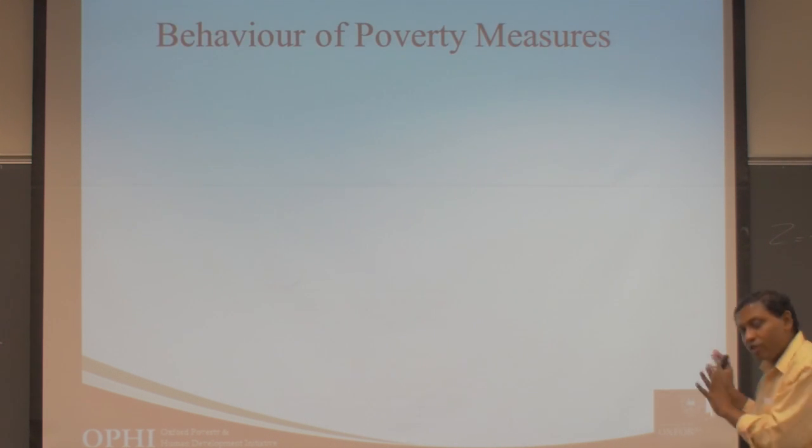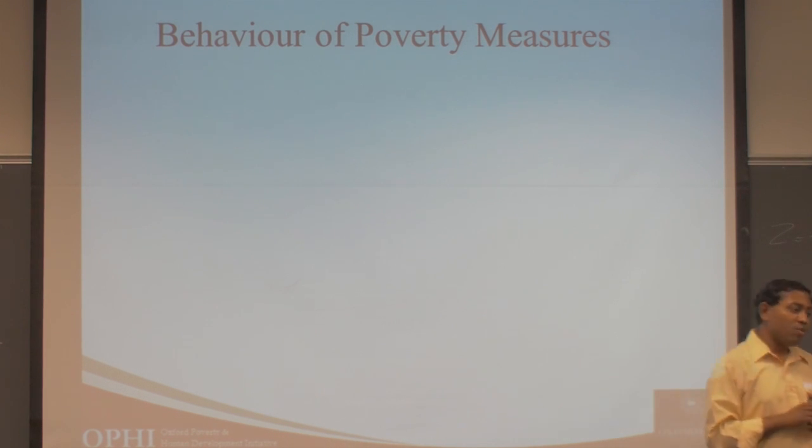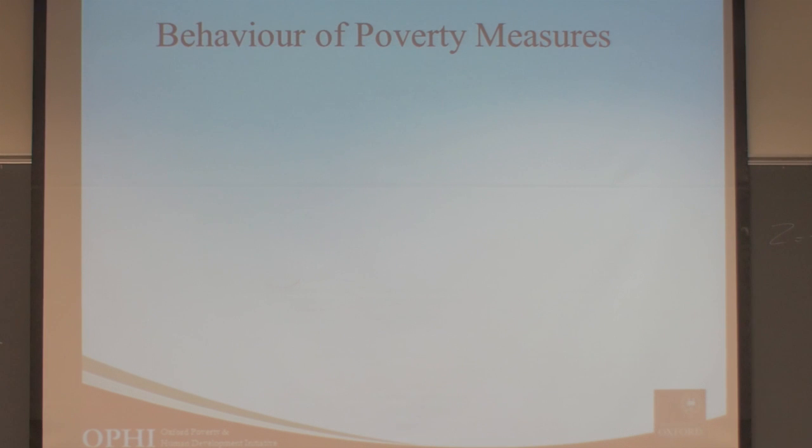Now, this is quite crucial. Suppose you are trying to measure poverty. Even before finding a particular measure, you may want to know, if we have certain changes in my distribution, how my poverty measure should behave.